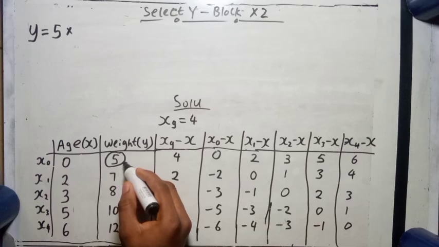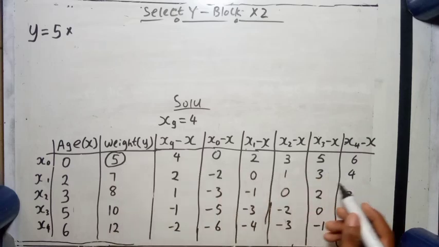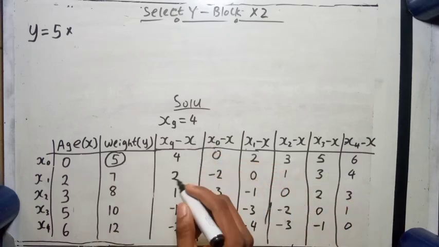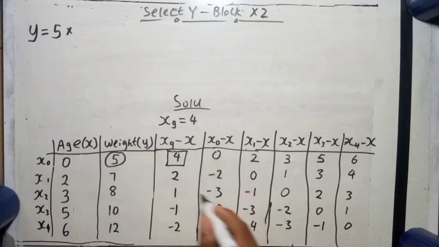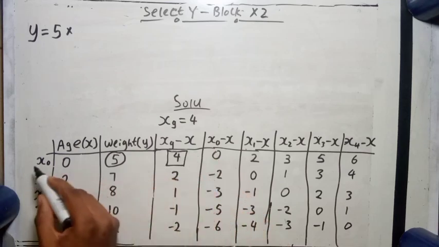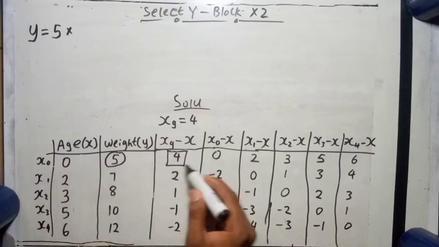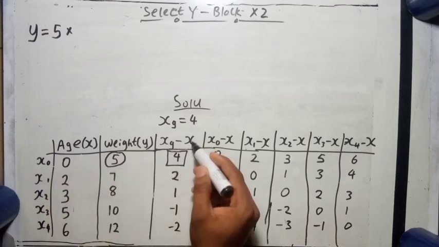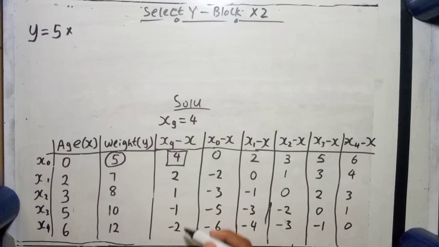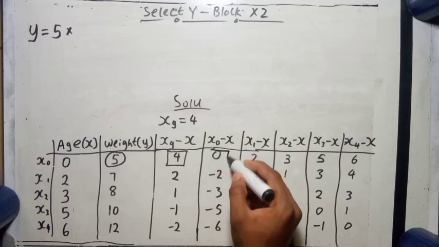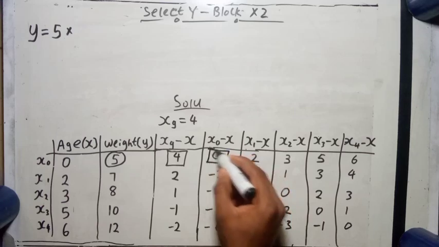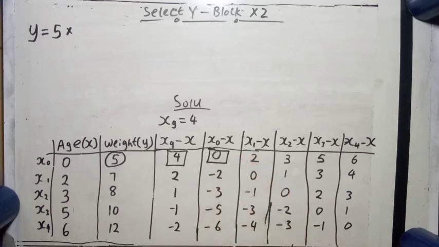When you selected the first y, still on that same row, you draw a block on the xg minus x on that column, and you also draw a block where the next place you see what, 0. Next place you see 0.